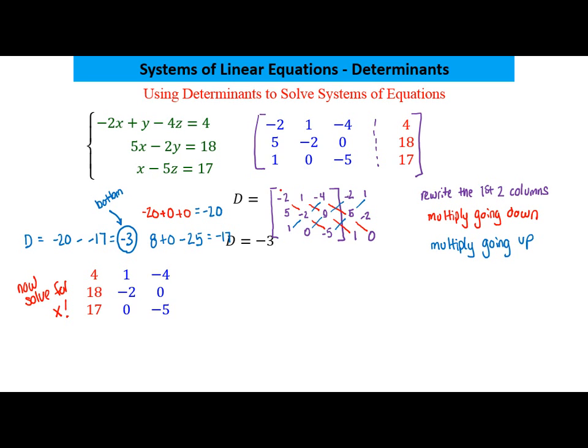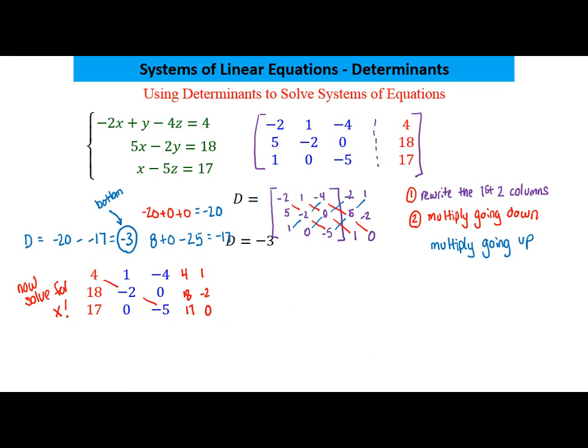I'm going to rewrite my first two columns just like my original step 1. 4, 18, 17, 1, negative 2, 0. Then I'm going to do my step 2 again, so I'm going to multiply going down. 4 times negative 2 times negative 5.